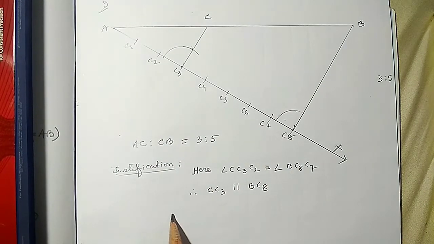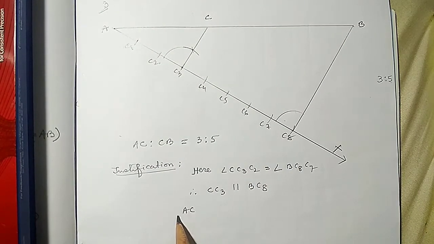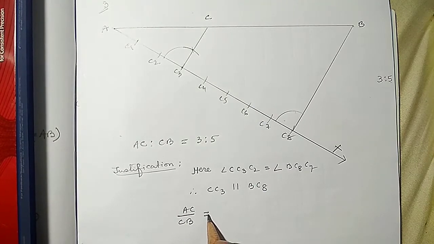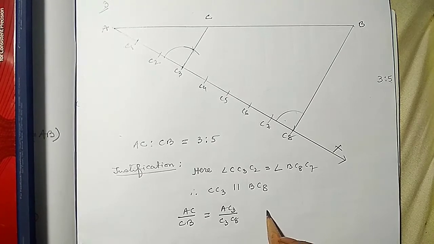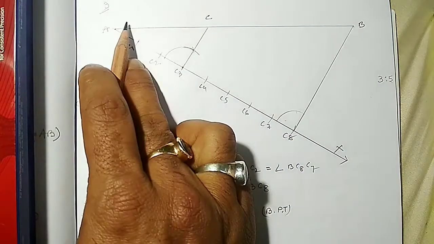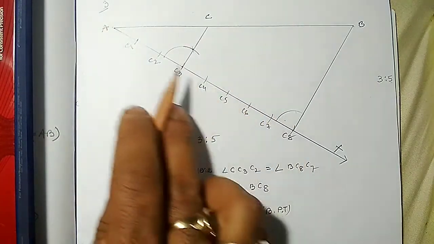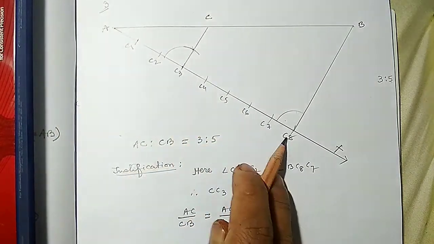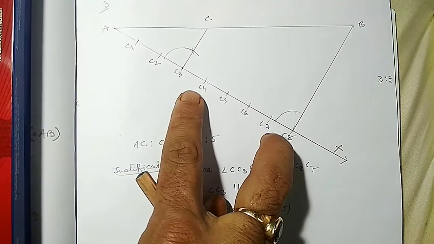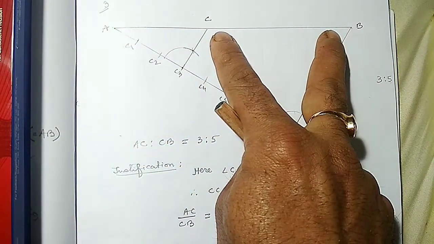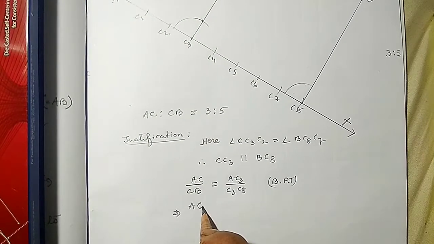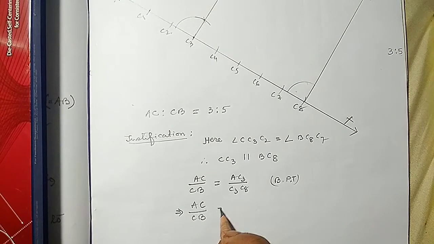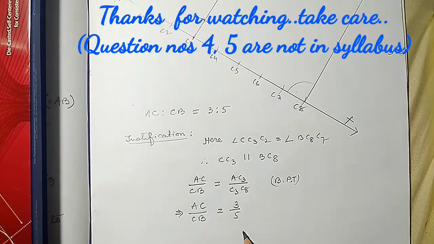And from BPT, we can write AC by CB equals AC3 by C3C8. You can write from the basic proportionality theorem because in this triangle this line and this line are parallel. So this part by this part is 3:5. So definitely AC by CB also will be 3:5. So you can write here AC by CB equals 3:5, and that is your justification.